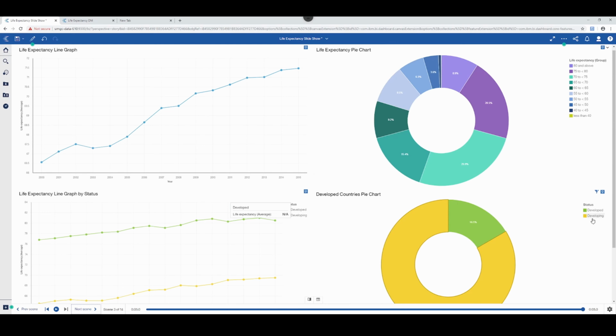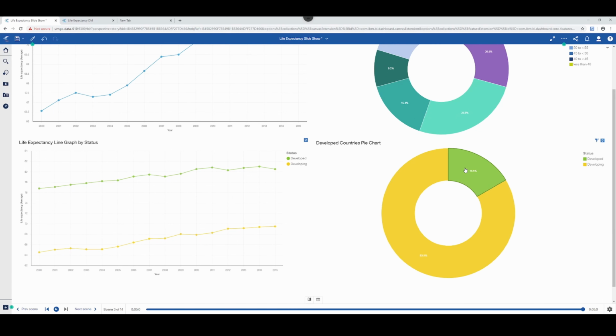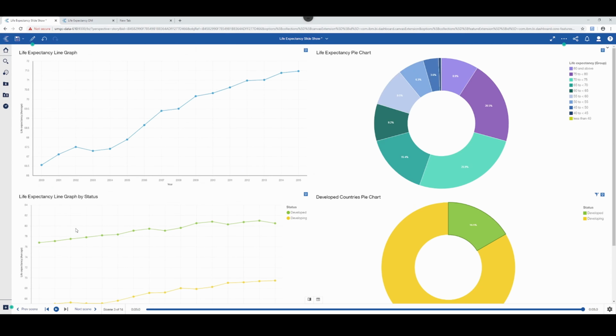We have developed and developing countries. And we can see the breakdown here. About 16.5% of the countries are developed, while 83.5% of the countries are developing. So the majority of countries are categorized as developing countries.